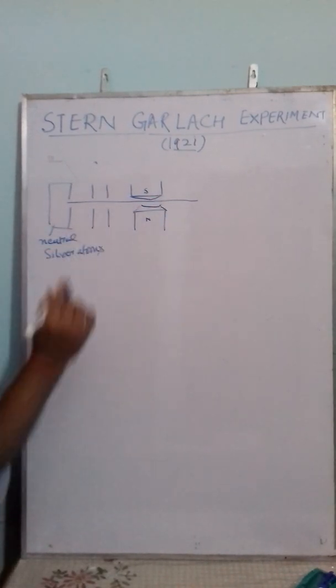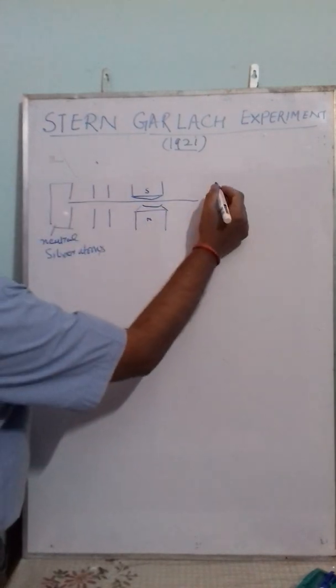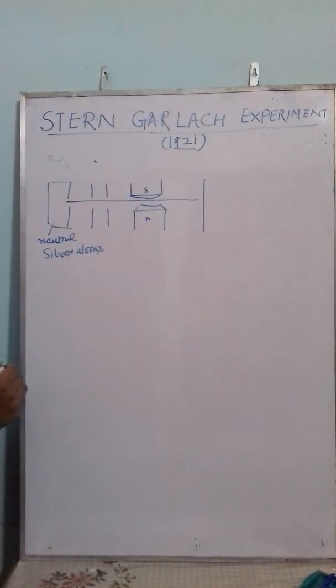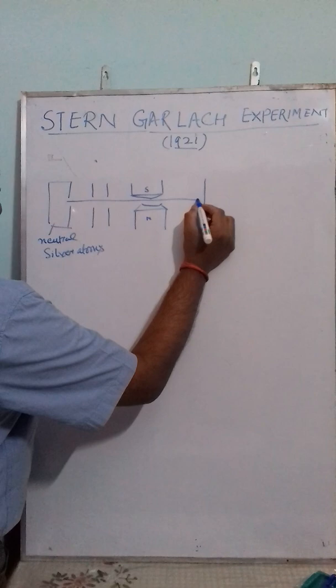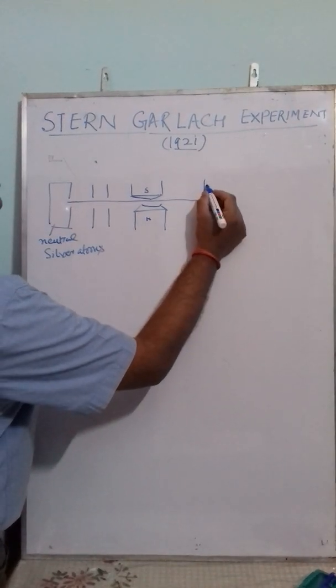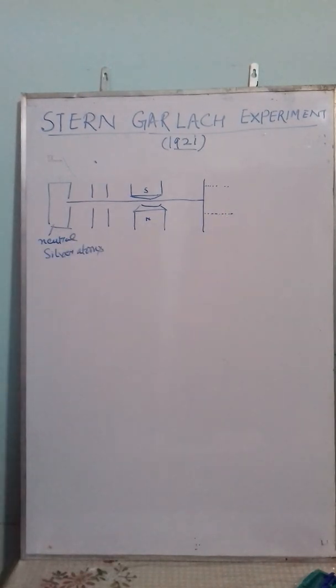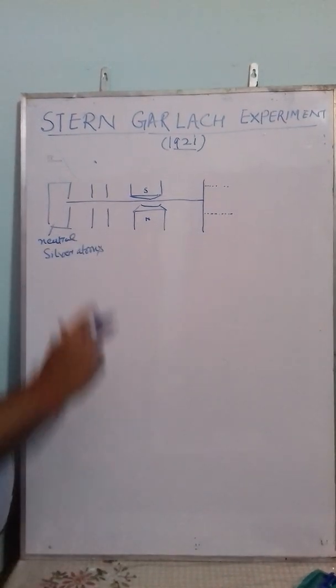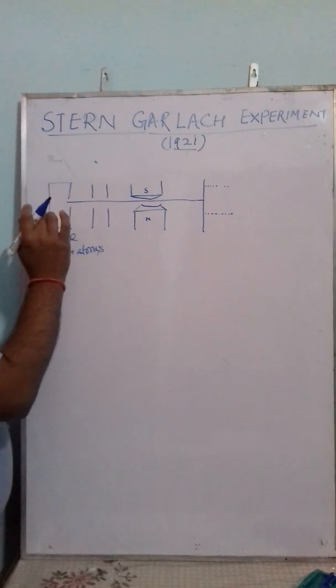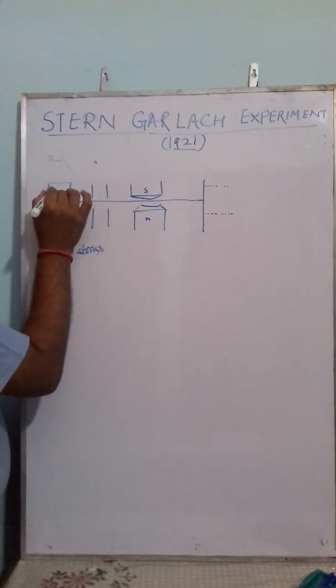This is your inhomogeneous magnetic field, and here they put a screen. On this screen, what they obtained were two traces of light.